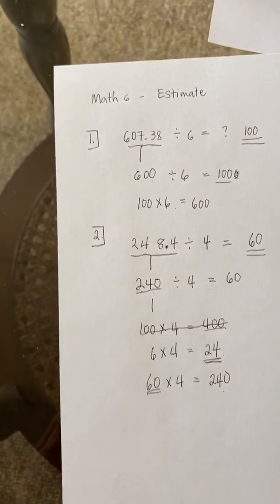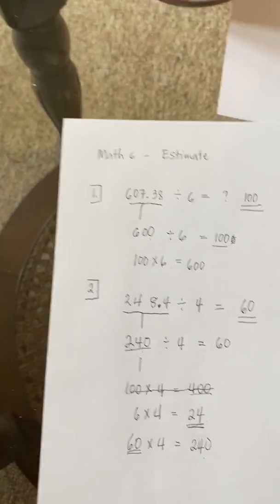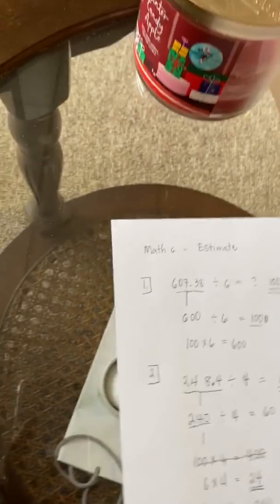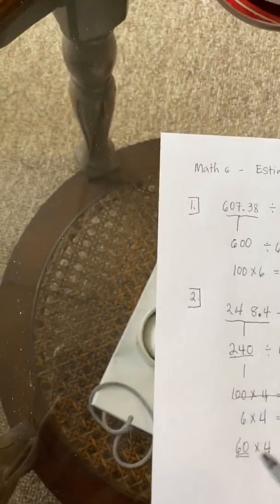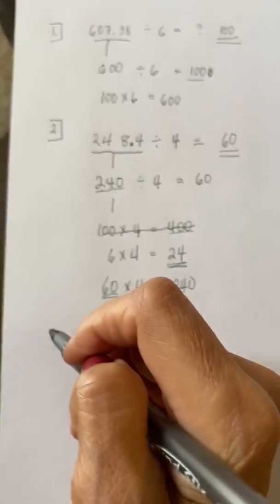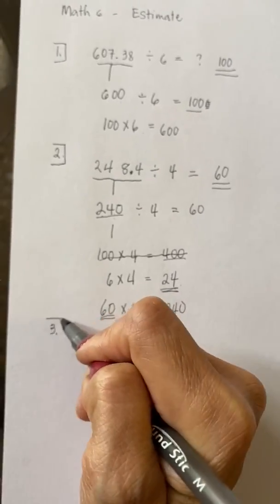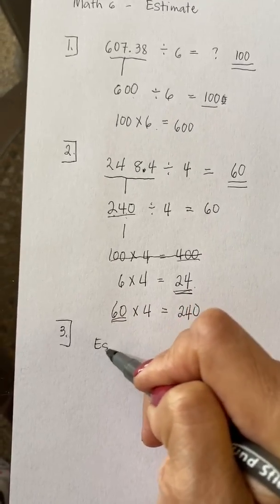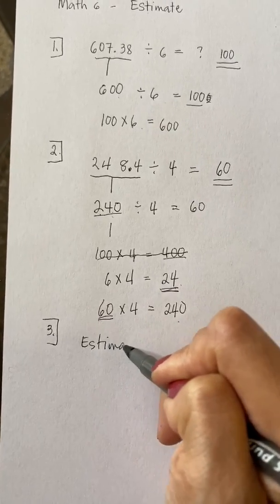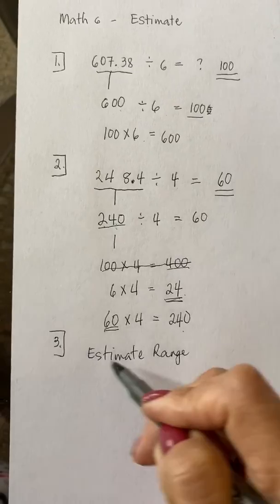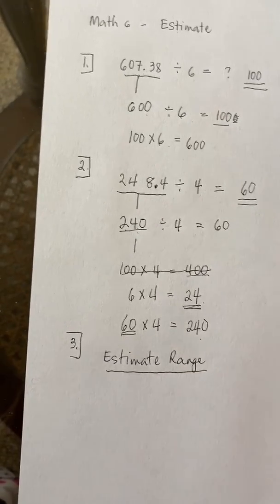All right, now, supposing I want to make an estimate range. Okay, so let me start with the third number. Estimate range. All right, you will see what I mean.